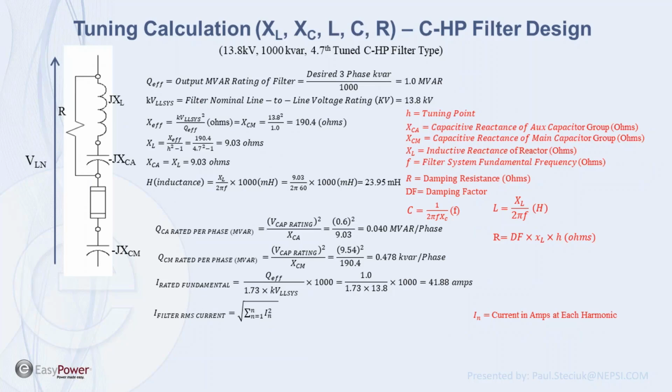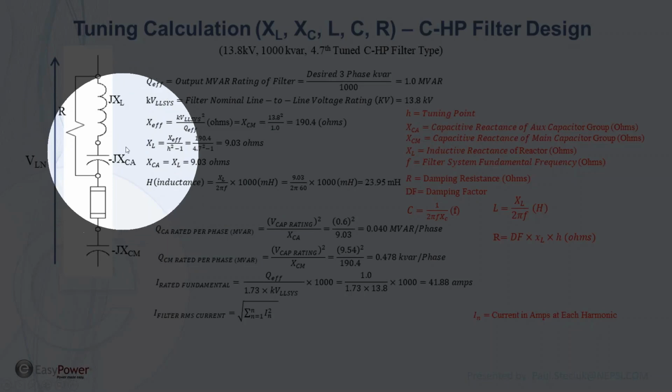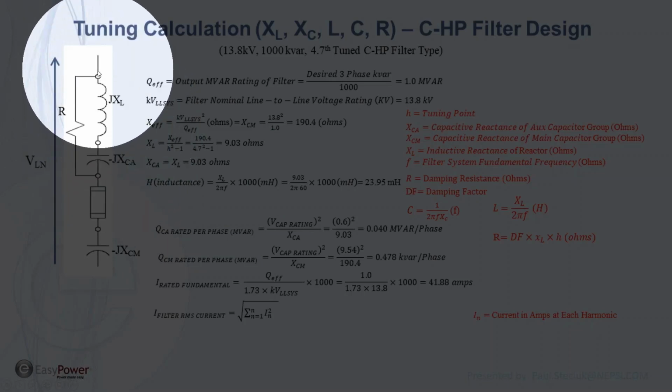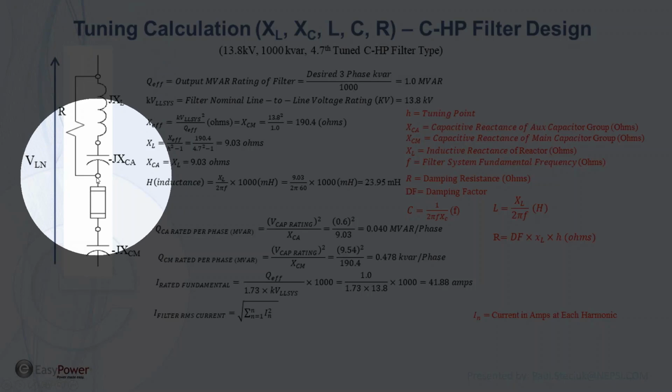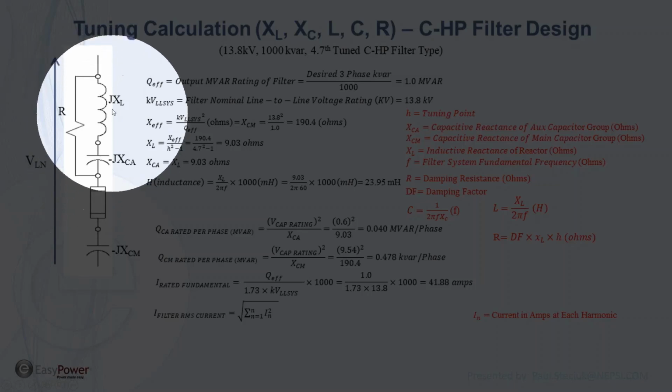And then you have C high pass filters. The procedures are very similar, again, for calculating the tuning point. What's interesting on a C high pass filter is X of CA equals X of L, which means that the terminal voltage here has been brought down to here. We've eliminated the voltage rise at the fundamental, because X of C and X of L are opposite each other.